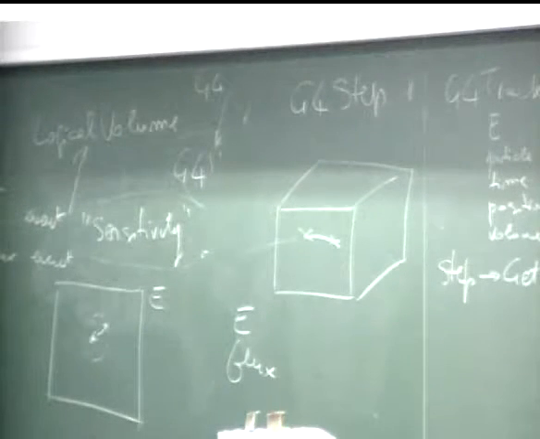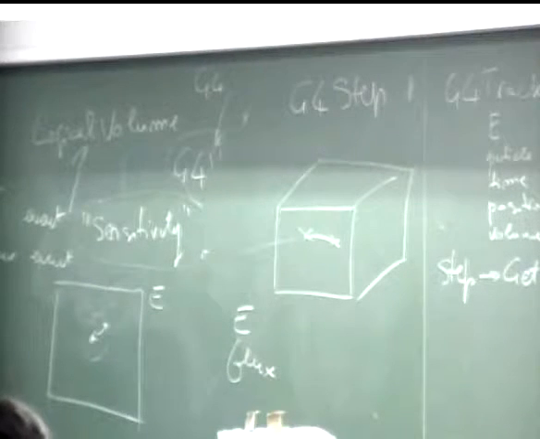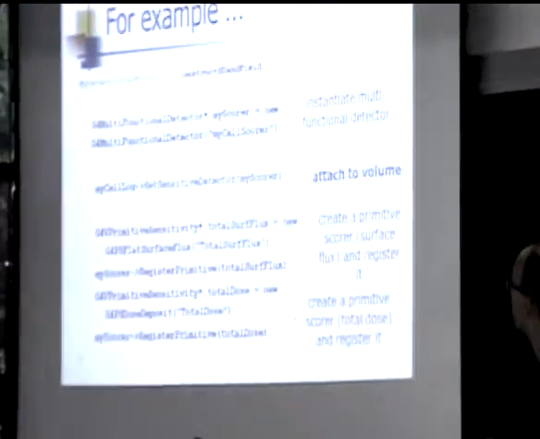First of all, we create an instance of the G4 multifunctional detector. We say that our volume is sensitive, so we attach this sensitivity to the volume, and then we say, okay, I want to register the total flux, and I want to register the total dose. So we use the scorers called flat surface flux to register the flux, and dose deposit to register the energy.